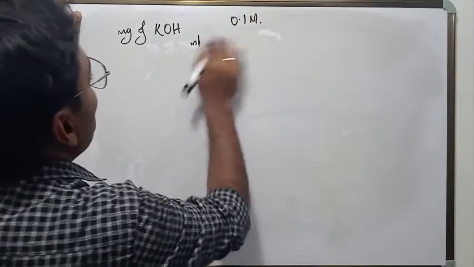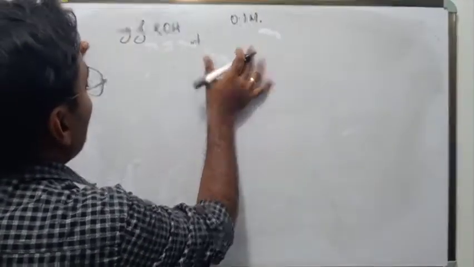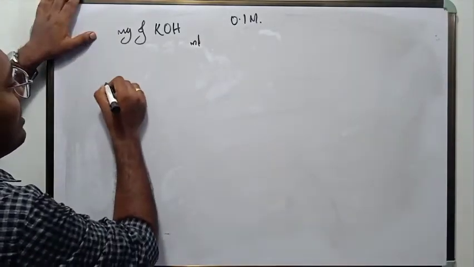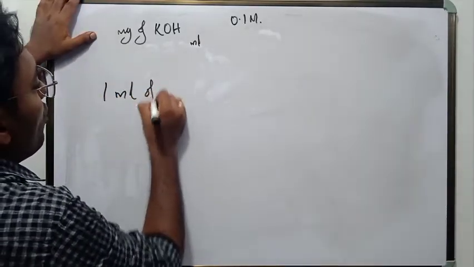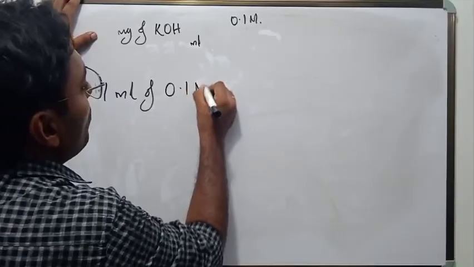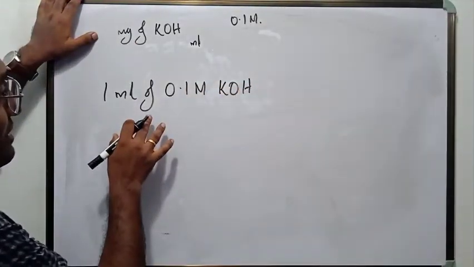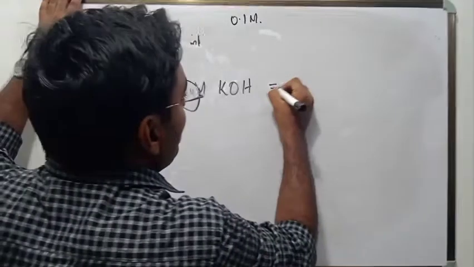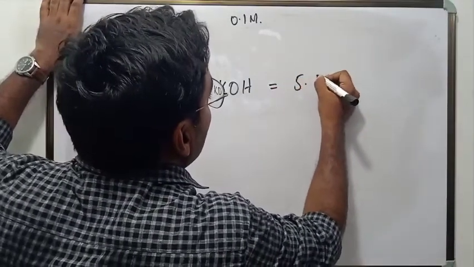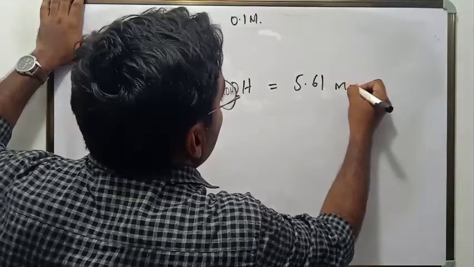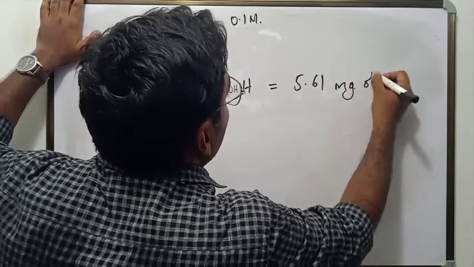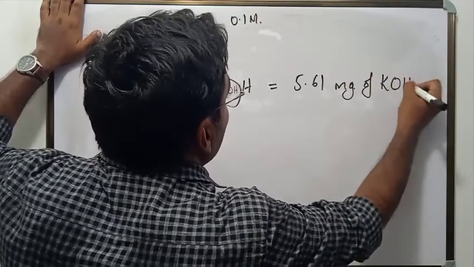So you need to correlate everything. So the equivalency is 1 ml of 0.1 molar KOH that we have used today in the lab is equal to 5.61 milligram of KOH. That is the equivalency.